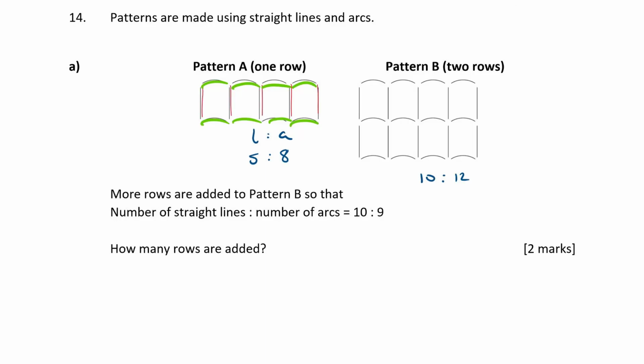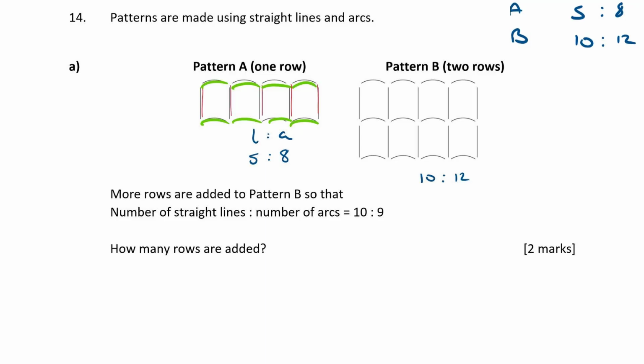So my sequence then, from pattern A, or 1 row, to pattern B, is 5 to 8 goes to 10 to 12. Now 10 to 12 cancels down, and I think our 10 to 9 will cancel down. That'll be the cancel down value. I think what we're going to do is go through this sequence until we find one that is in the ratio of 10 to 9.